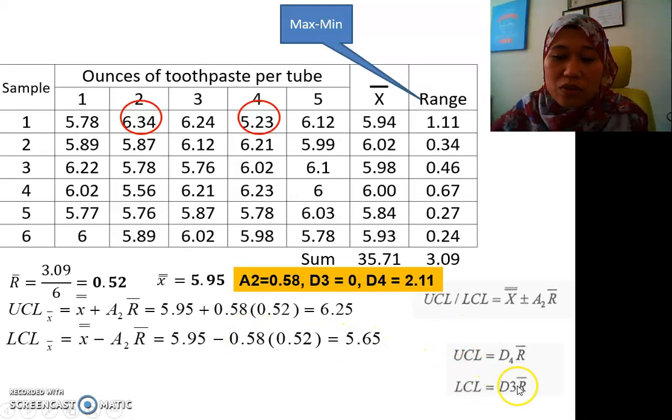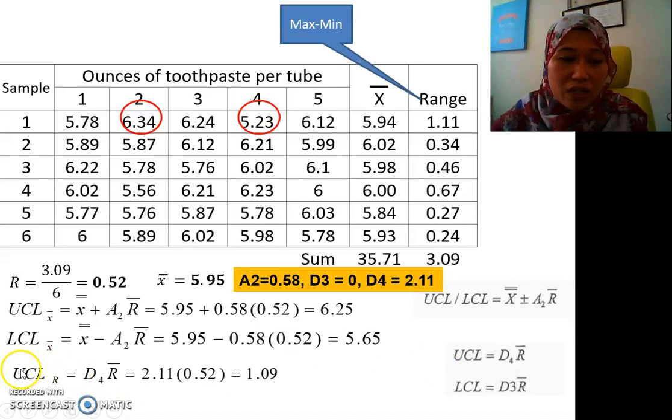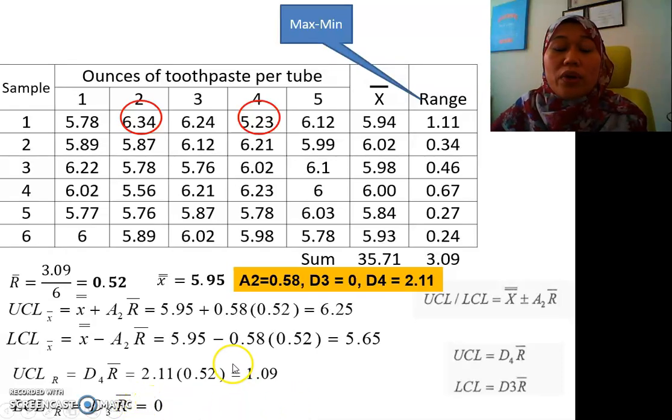Then we proceed with the control limits for the R chart. For the upper control limit, it is D4 times R bar; D4 is 2.11 and R bar is 0.52, so we get 1.09. For the lower control limit, D3 is 0, so it automatically becomes 0.